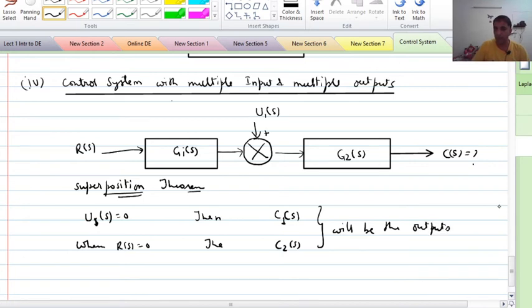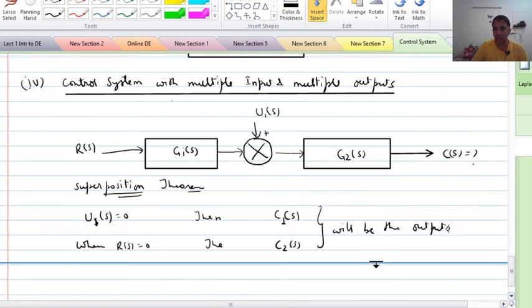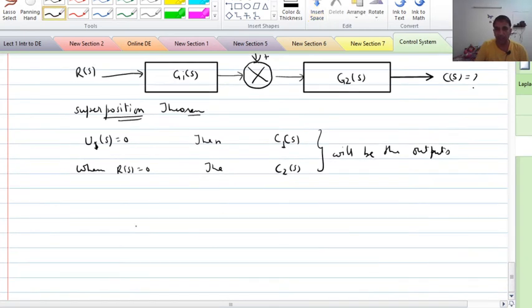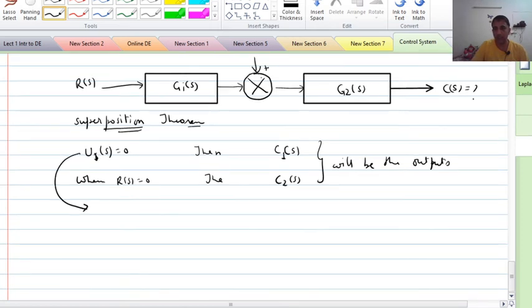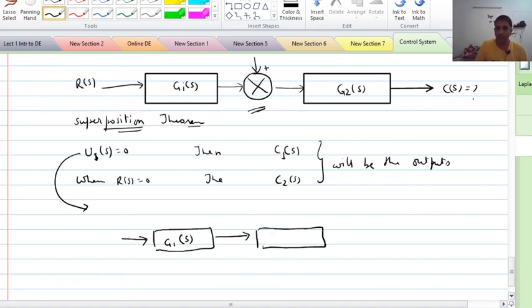When we use this method, it looks like this. In the first case, when U1s is 0, there is no meaning of this summing box, so we can remove this summing box, and we get G1s multiplied by G2s in series.